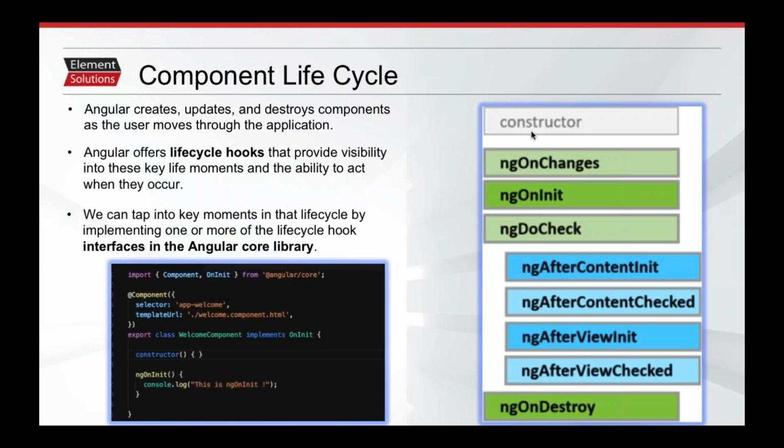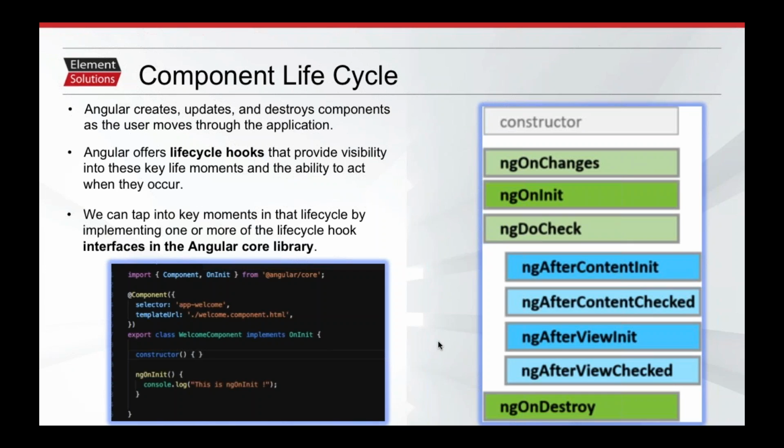Apart from that, the component that got created by the Angular CLI has an additional method called ngOnInit. Each component has a life cycle. Angular is creating components, updating components, or destroying components while the user is interacting with the application.